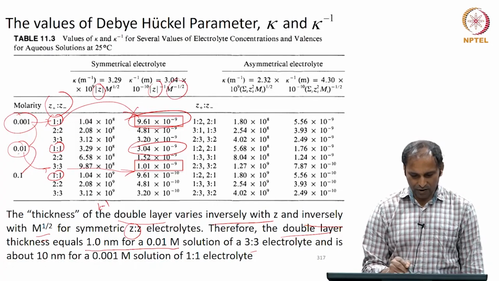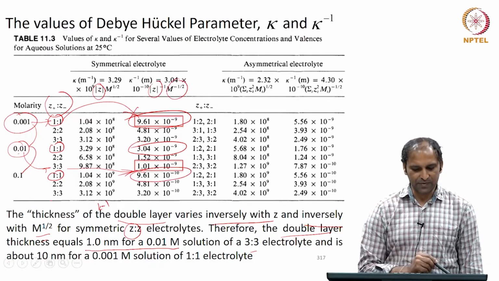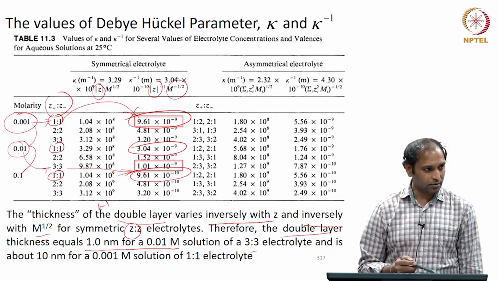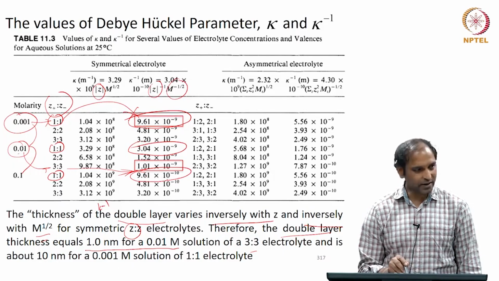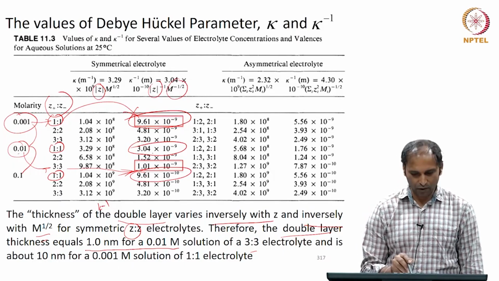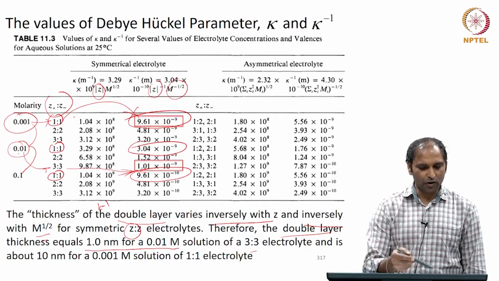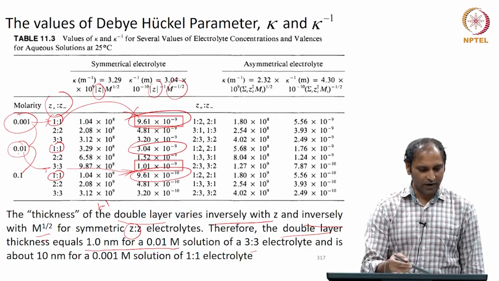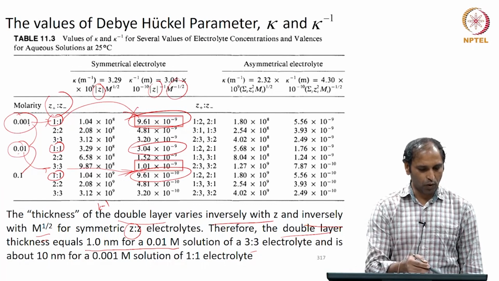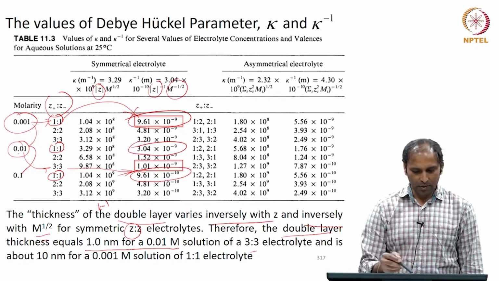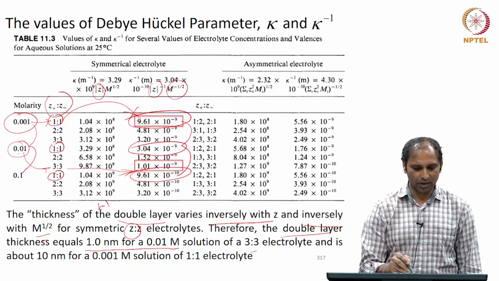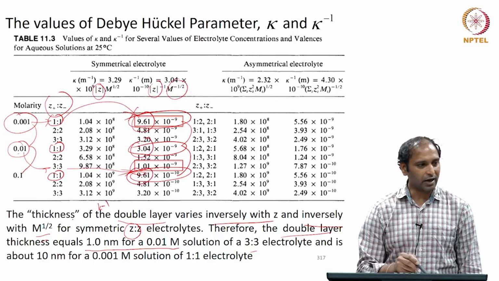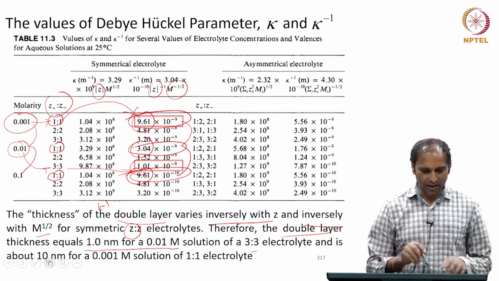I increase the concentration further, the double layer thickness becomes about 1 nanometer, right. 0.9 times 10 power minus 9 is about 1. So, if I keep the type of electrolyte the same and increase the concentration from 0.001 to 0.01 to 0.1, the double layer thickness goes from about 10 to about 3 to 1 nanometer.